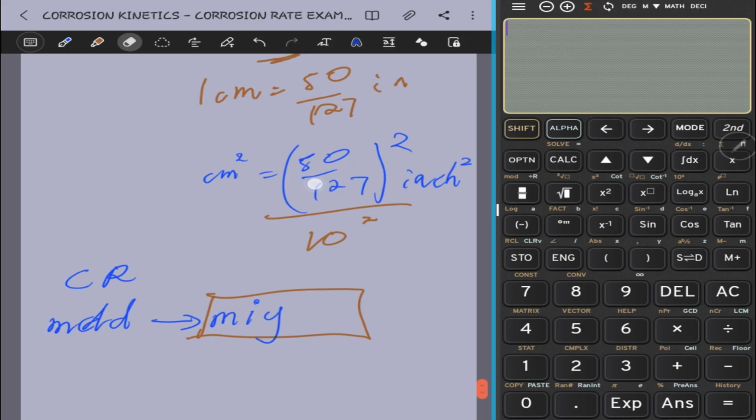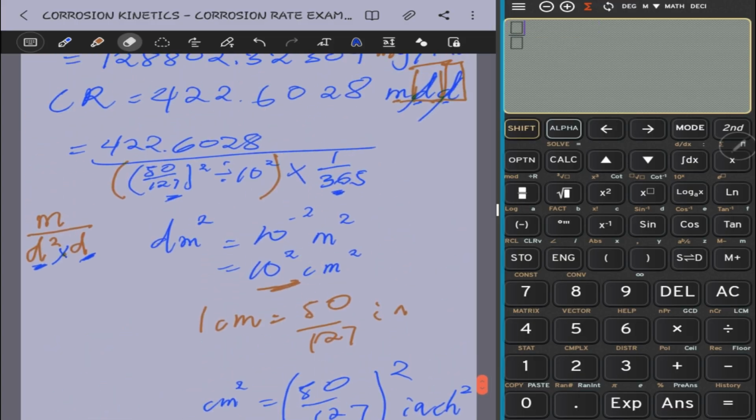So let's check the calculation that we have. So that's 422.6028, and then we have here this 110. So we have 50 on 127, and that's squared, right? And now we are dividing through that by 10 squared, right?